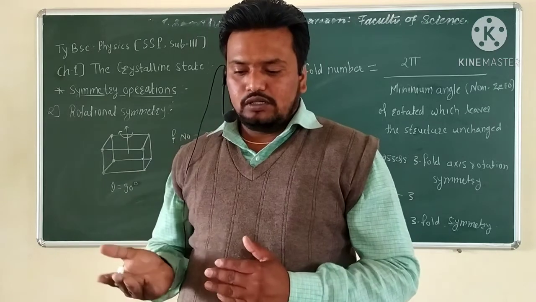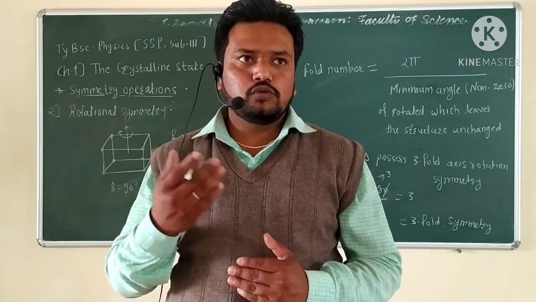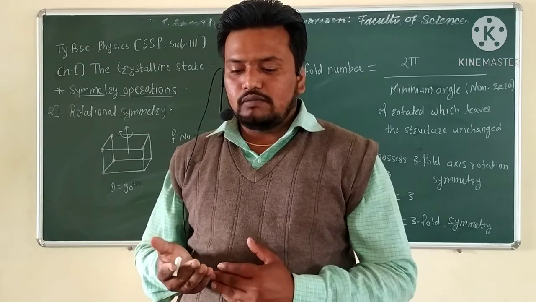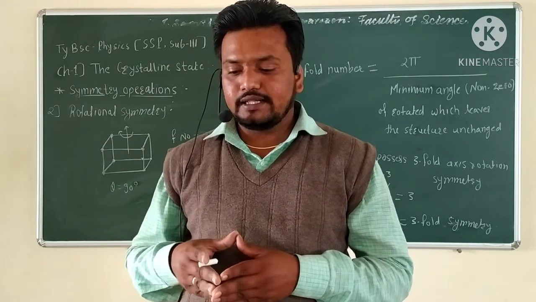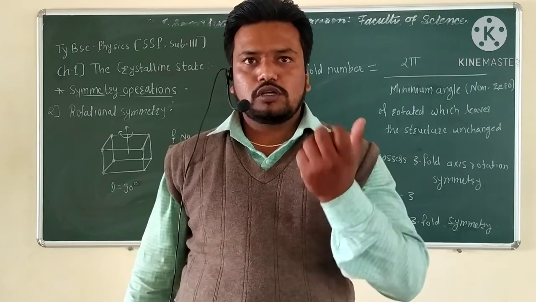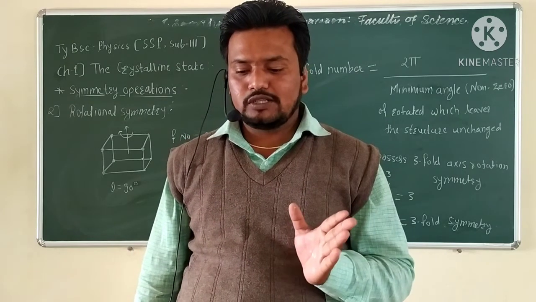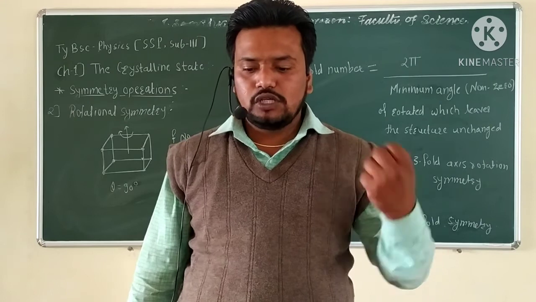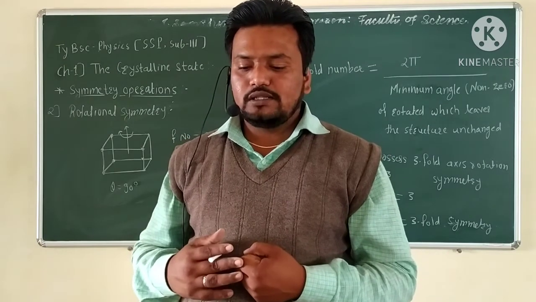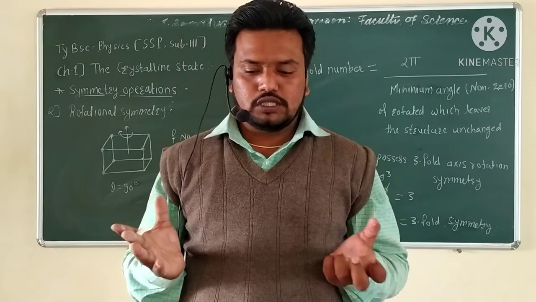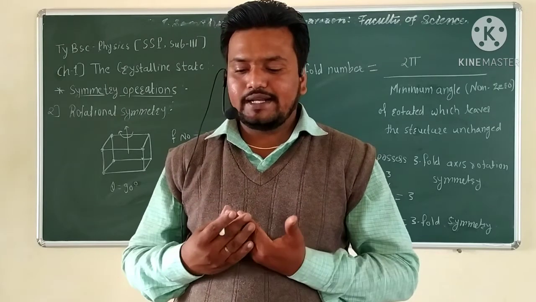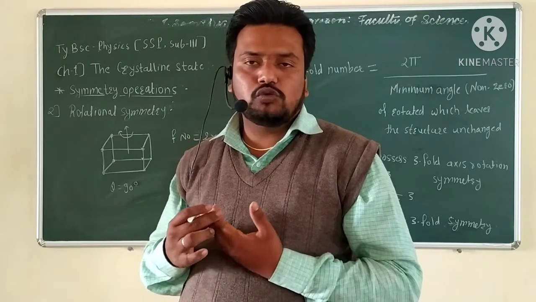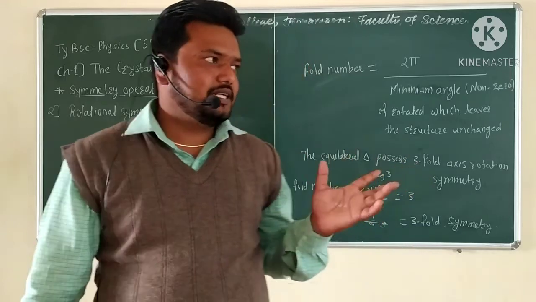For example, the cube is rotated about the vertical axis by 360 degrees. There are a total of 4 positions where the cube coincides with its original position, and when the cube is rotated by 90 degrees, the new position is completely identical.